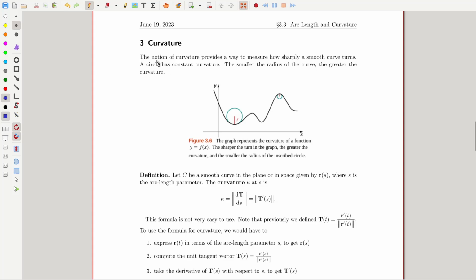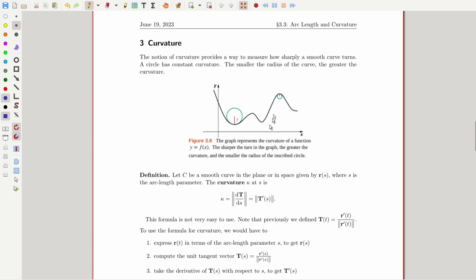Okay. Well, first of all, what is curvature? So the notion of curvature is kind of the intuitive notion. It's how quickly does a curve curve. So in this picture, you'll see that it's less curvy here than it is here. And so intuitively, you'd think that the curvature here has to be smaller than the curvature here, right?